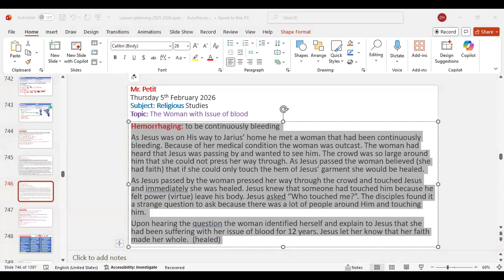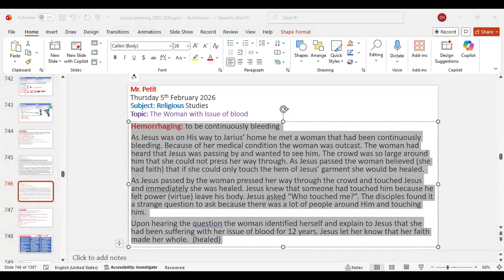Very good. So she was sick. She eventually died, by the way, but on the way to Jairus', and then Jesus had to resurrect her. I think that's what we're gonna do next week. Jairus' daughter we're gonna do next week, right?